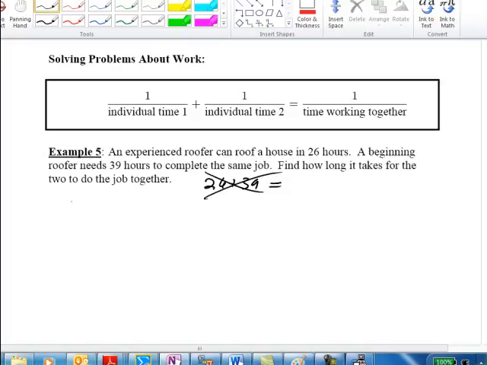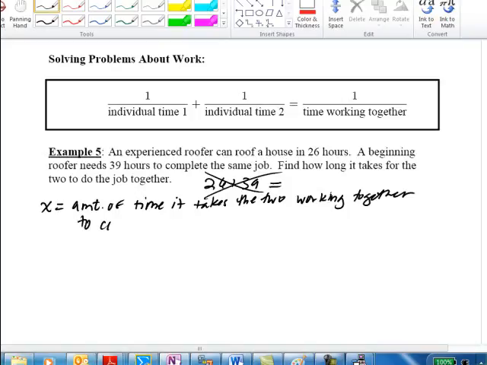So just as always, we'll say x represents whatever we're asked to find, the amount of time it takes the two to complete the job together. Right?